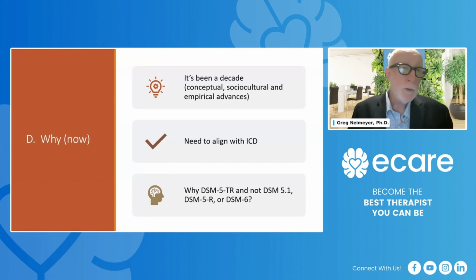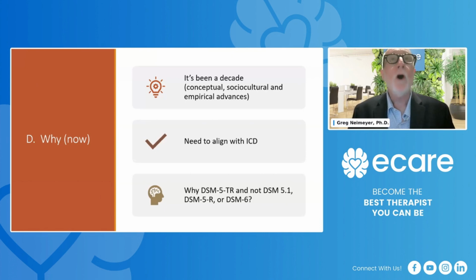Well, there is a history in the DSM of 1 R and 1 TR. There's a DSM-3R, and there's a DSM-4 TR, or text revision. A text revision is more minor than a revision. So it's a coin toss. Do we call this DSM-5R or TR?